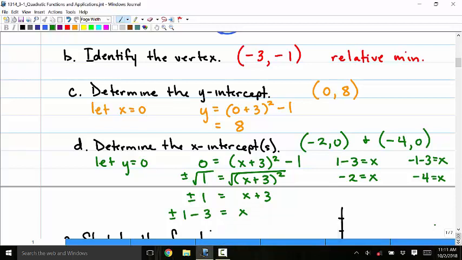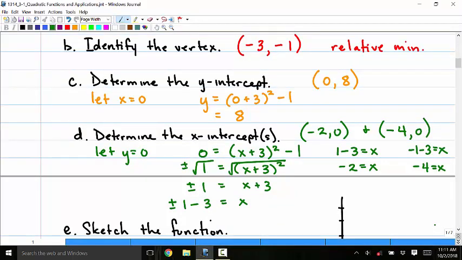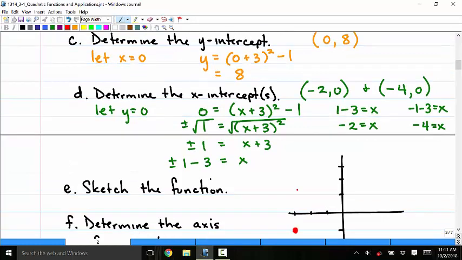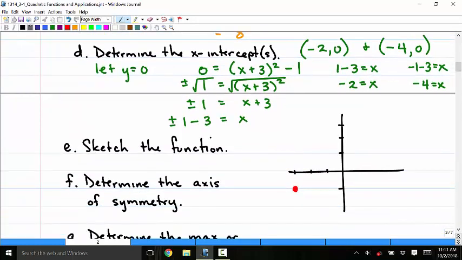Okay, letter E. Go sketch the function. Let's sketch those 4 points that we just found. The vertex is at negative 3, negative 1. Right here. The y-intercept is at 0, 8. So I'm going to add, hold on, some tick marks.